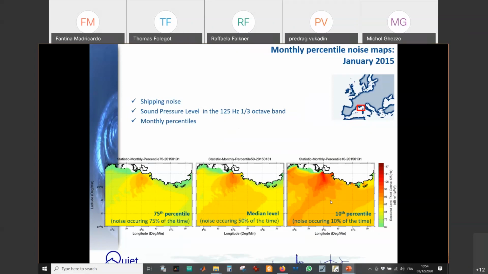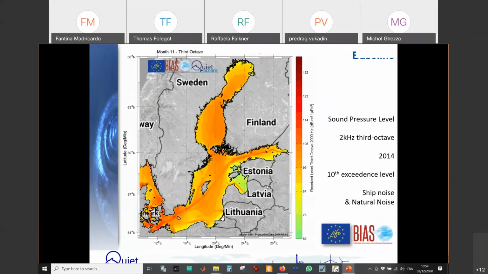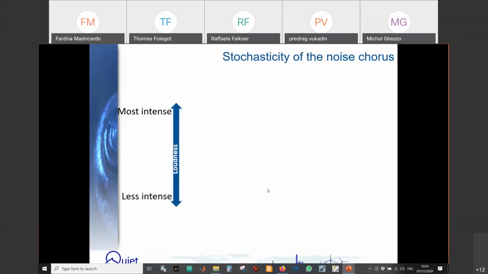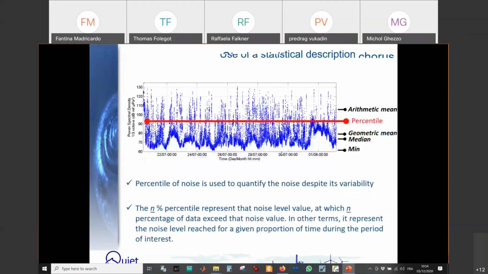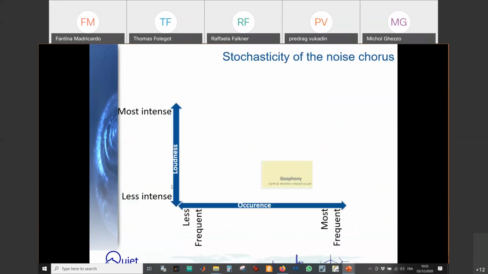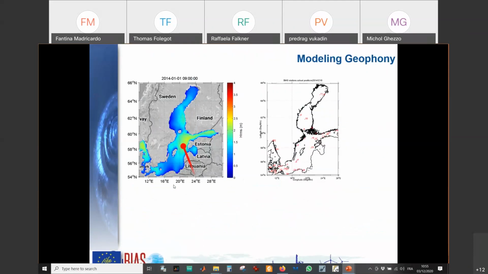At a low percentile, if you look at 10% of the time, if you remember the other plot, the levels are higher 10% of the time. So I will only measure the peaks. My levels are going to be higher than the other percentiles, the median and the 75th, which are going to be lower. This is exactly what you see here.